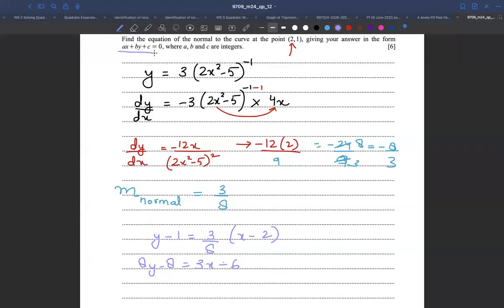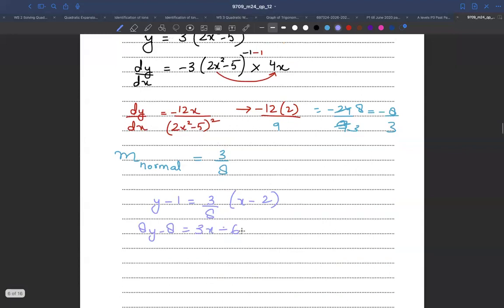And then we have to give it in this form. So make sure you give it in this form. Bring 8y to the other side. 3x minus 8y minus 6 plus 8, what will that be? Plus 2. Equals 0, and that would be my final answer, and that is it.